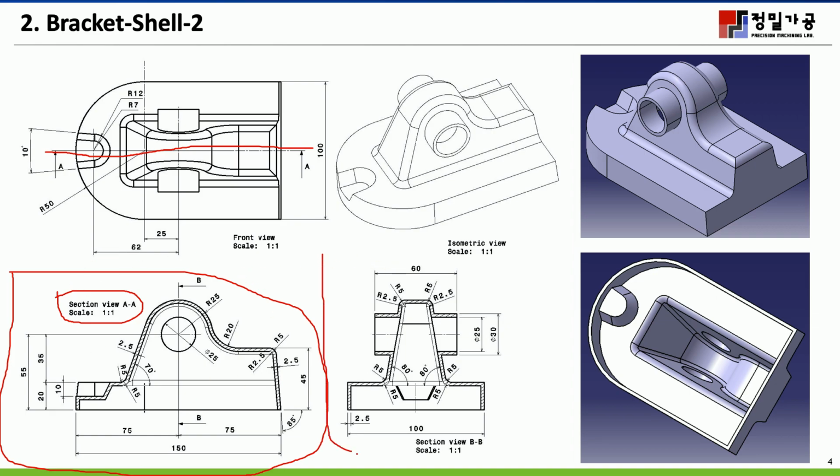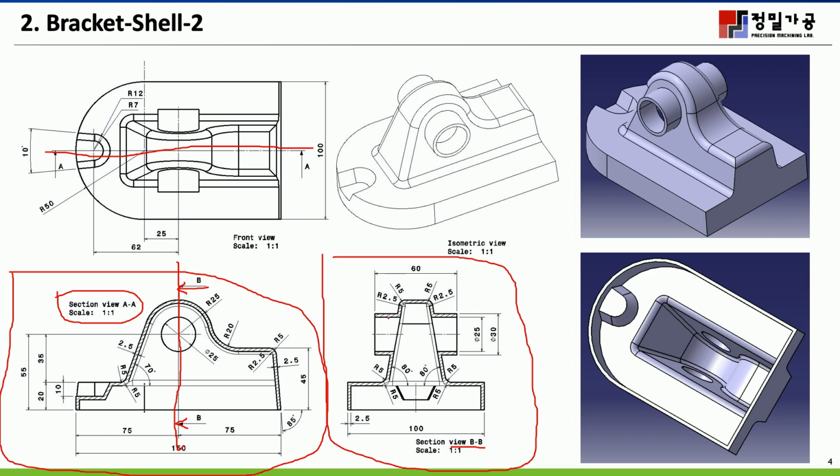And this view is a section view of the line BB. The BB line is this one, the section line of B and B, and you see from this side.